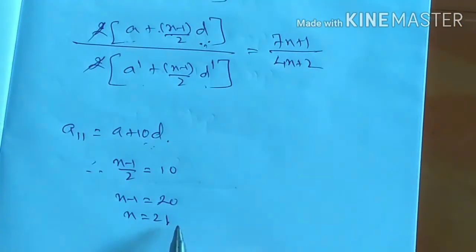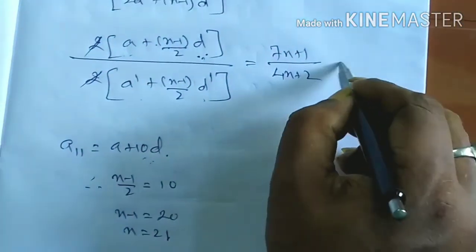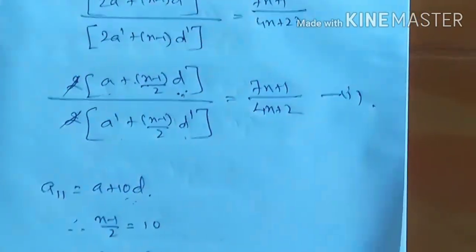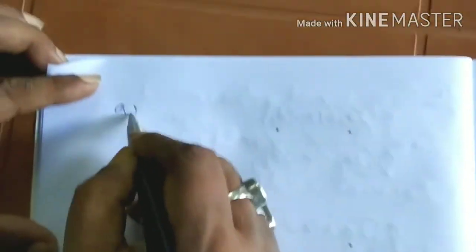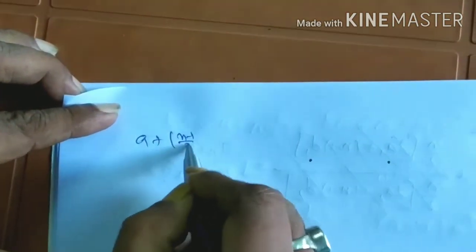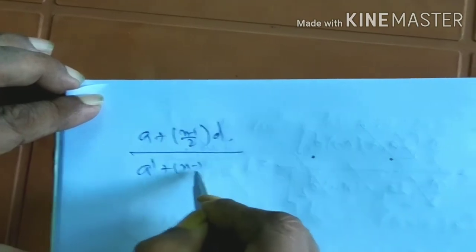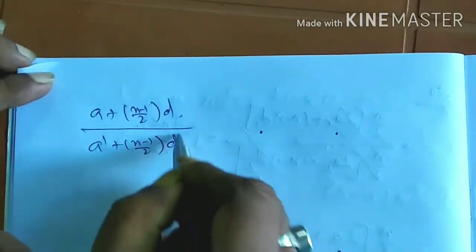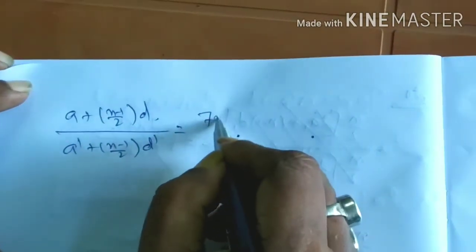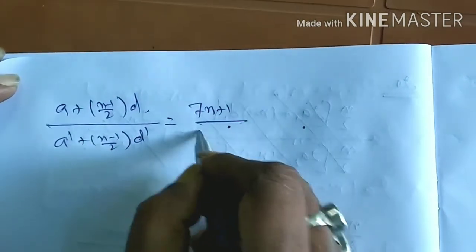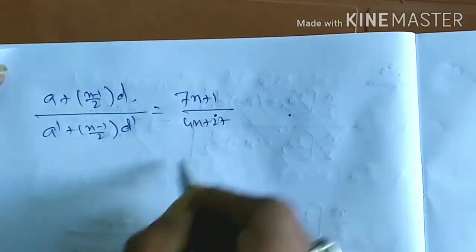Now I am going to put the value 21 in this equation 1: a plus n minus 1 by 2 d, by a dash plus n minus 1 by 2 d dash, is equal to 7n plus 1 by 4n plus 27.